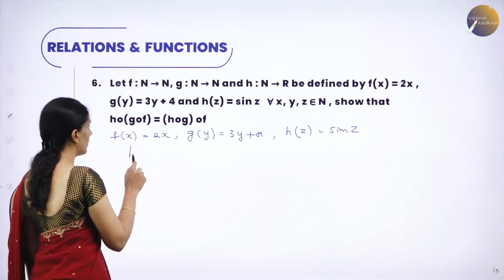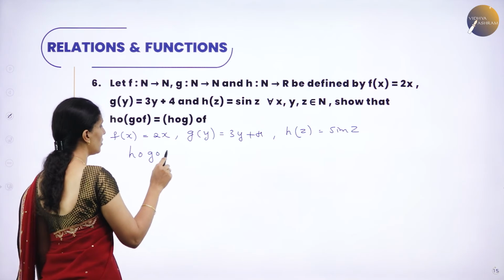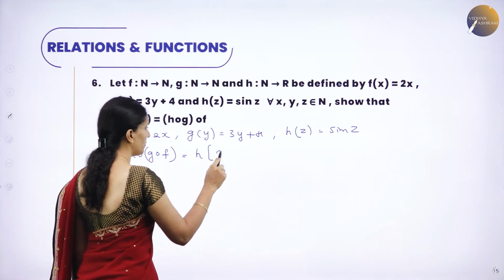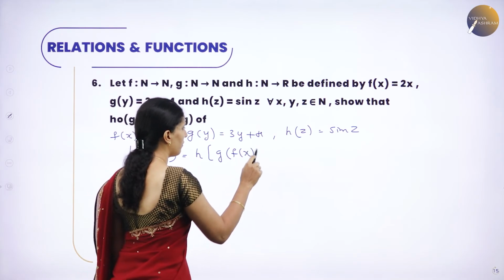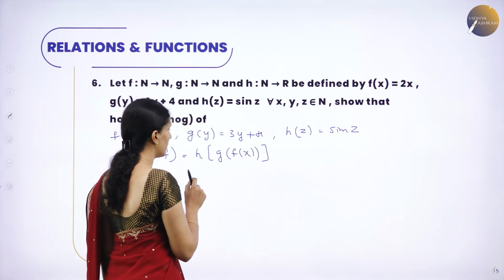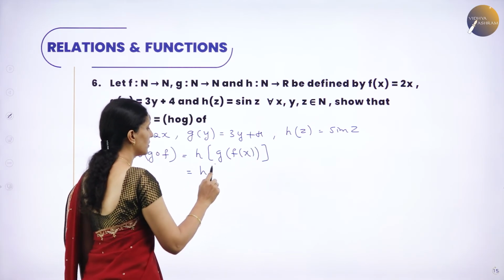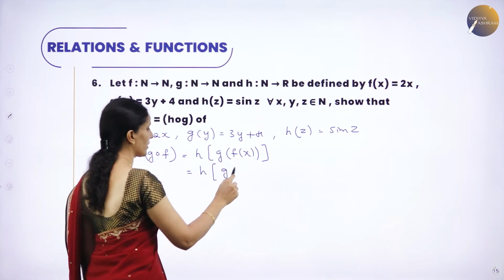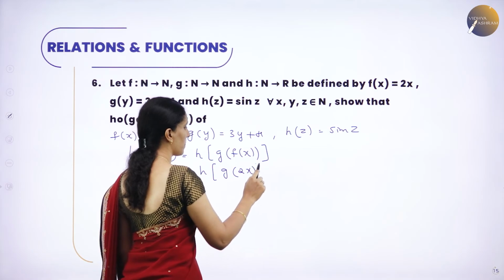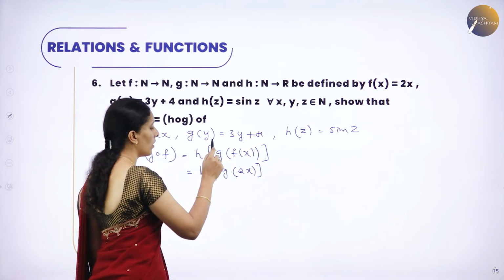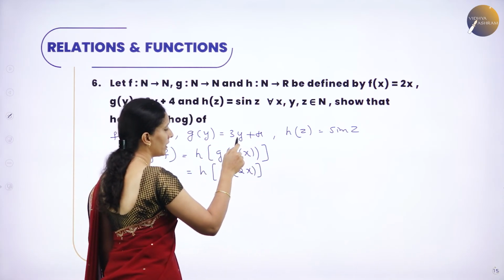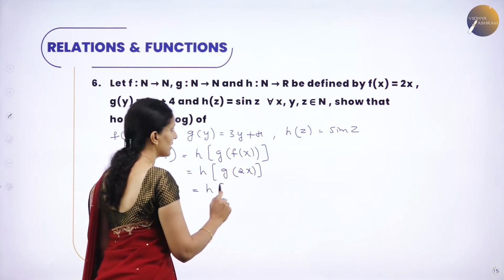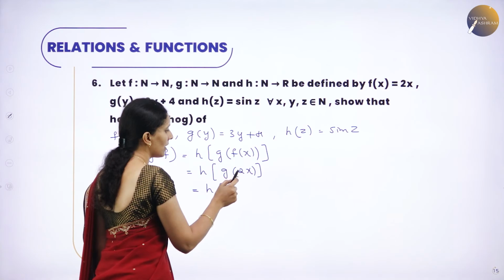Let's find out h naught g naught f, which is nothing but h of g of f of x. What is f of x? f of x is 2x. What is g of y? g of y must be written in the form of 3y plus 4. That means here I have to write y in the place of 2x.